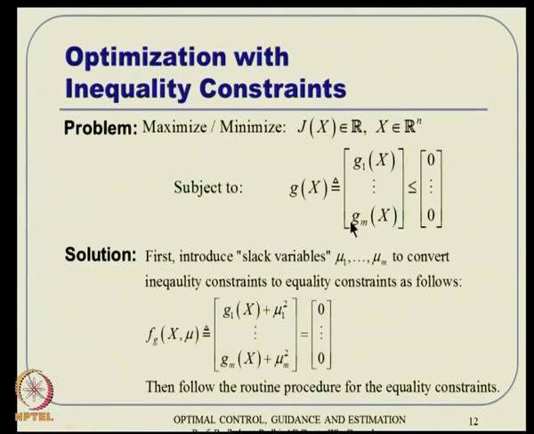The idea was to introduce a set of slack variables mu 1 to mu m and convert these inequality constraints to a set of equality constraints. However, because they are inequality constraints, we do not know how far they are from 0, so we really do not know the numbers mu 1, mu 2 up to mu m. We just know that there exist real numbers for which the inequality constraints can be converted to equality constraints.